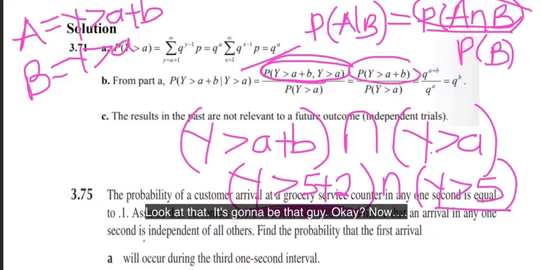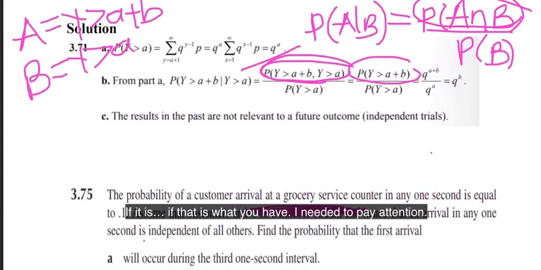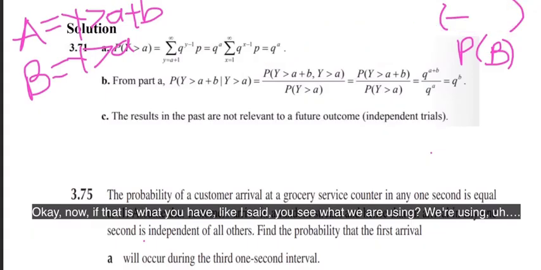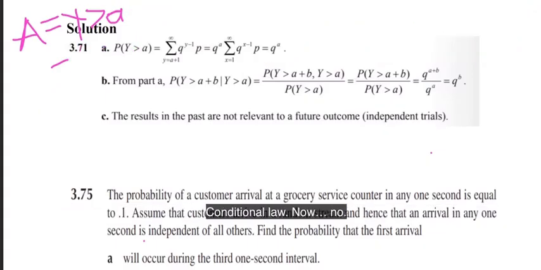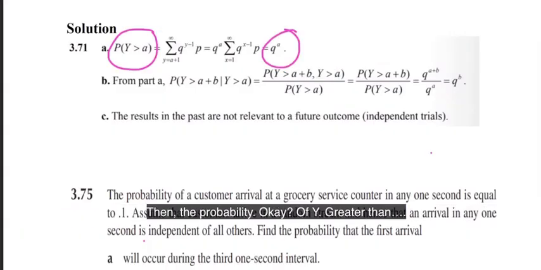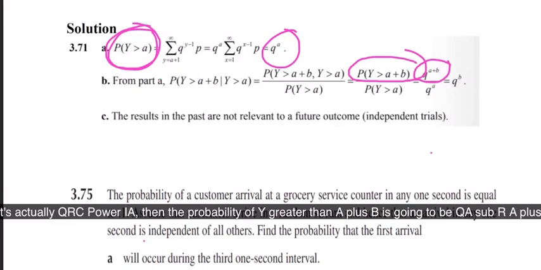Now, if that is what you have, I need you to pay attention. You see what we're using? We're using conditional law. Now, if you look at what you did in one, the probability of y greater than a is equal to q raised to power a.